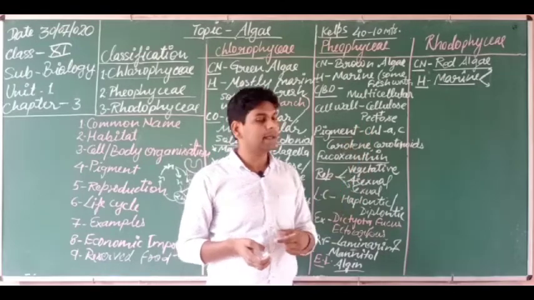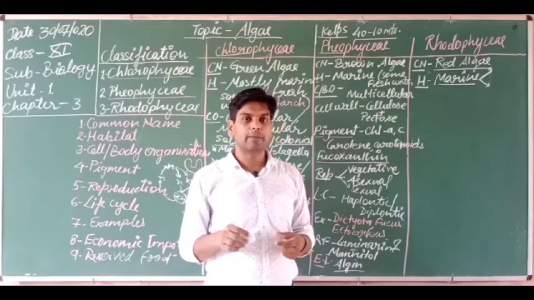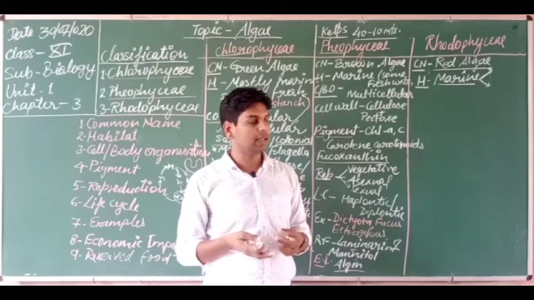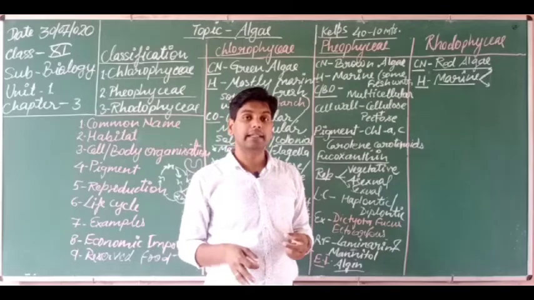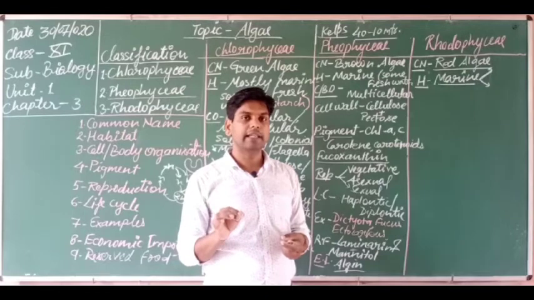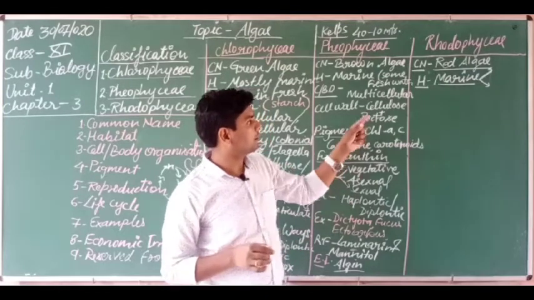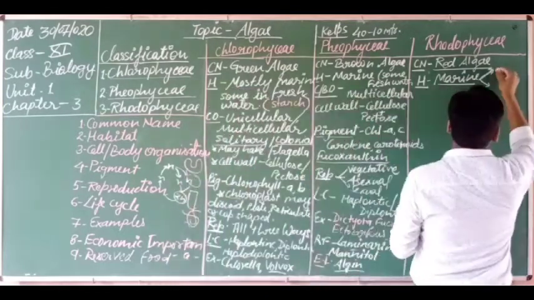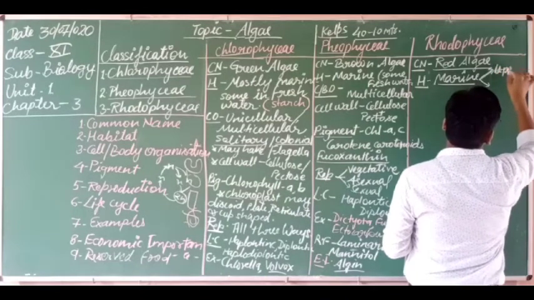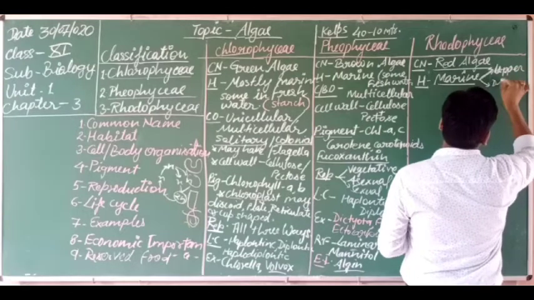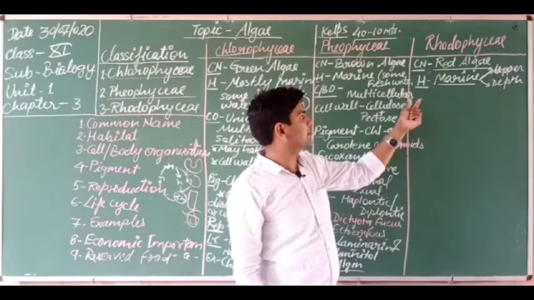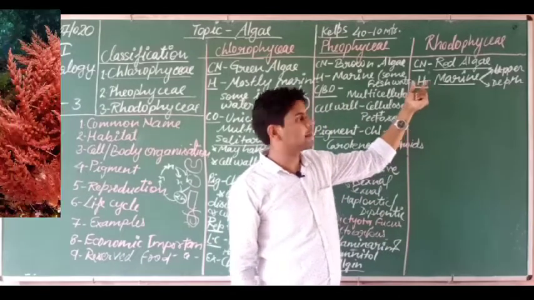They require light to form their food, so they are situated in the uppermost layers of sea water and also deeper in the sea, where light reaches in very small amounts. So at both places these algae are found.